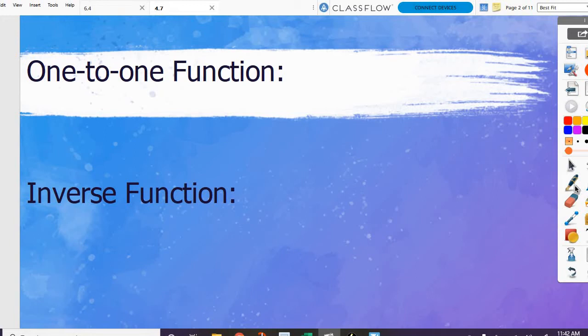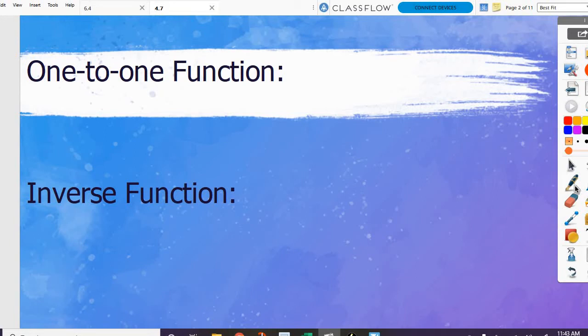So remember that a function has to pass which test? The vertical line test. So that's basically like step 1. And we have all different types of things within functions. Then within that category, we have an even more specific type of function that's called a 1-to-1 function.